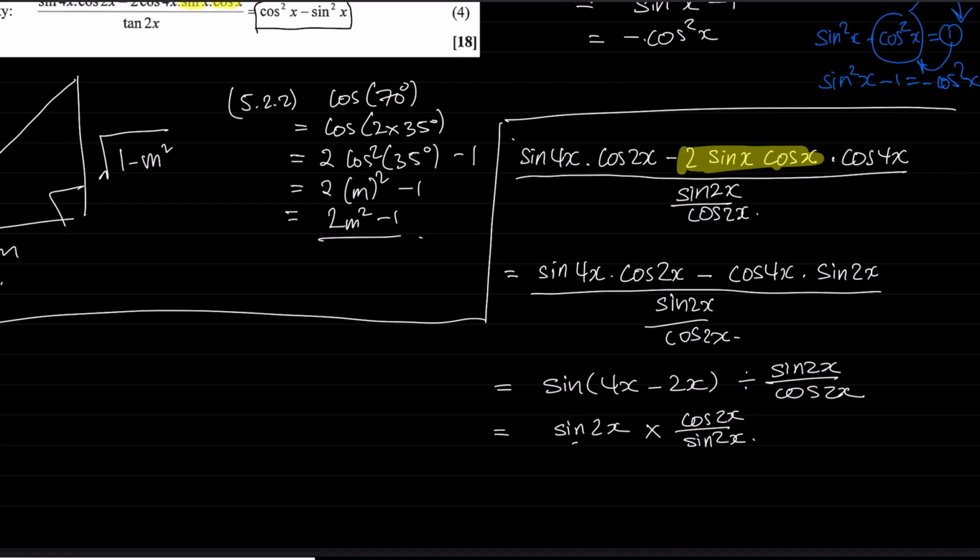Now the sine 2x will cancel, leaving me with cos 2x. And now cos 2x, that's a double angle, and we can expand that as cos squared x minus sine squared x, which is equal to my right hand side. Okay, that was it. So the key here was just to do some rearranging. The rearranging will help you to see these identities a bit more easily.